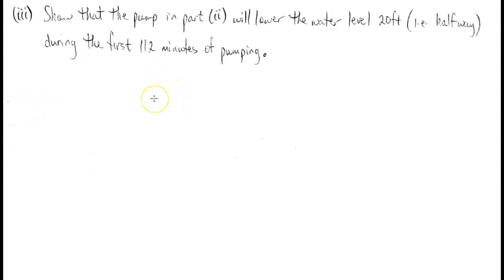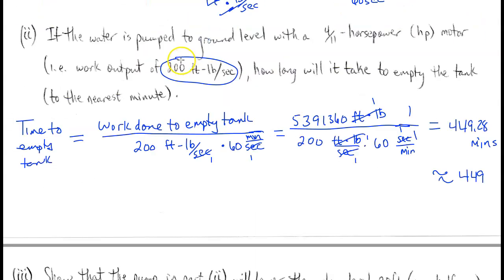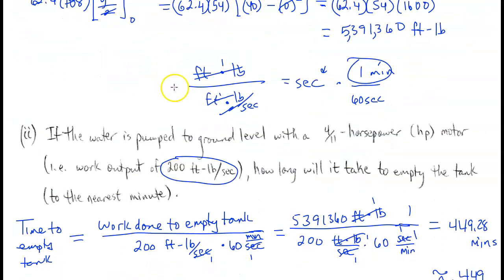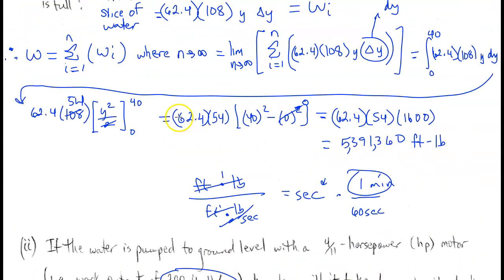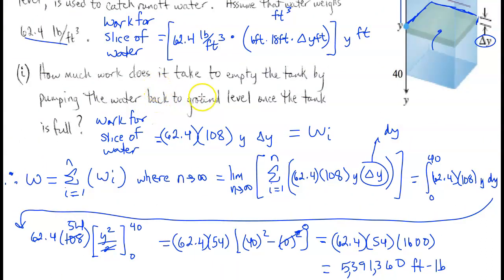So we have to go back to part 2 to see, hey, let's recall the actual model that we have for the work and use that given this new information here, okay? So I'm going to go back to example 1 here, because that's where we modeled our work function.